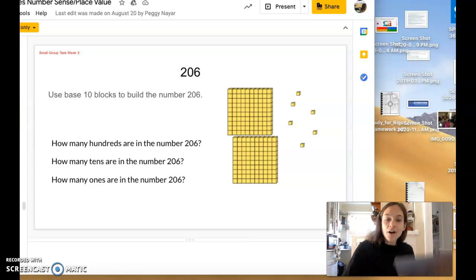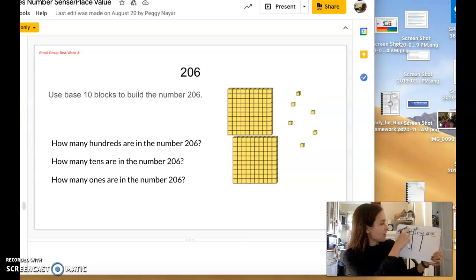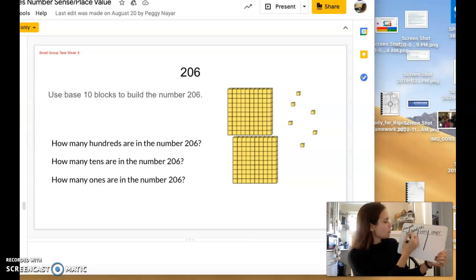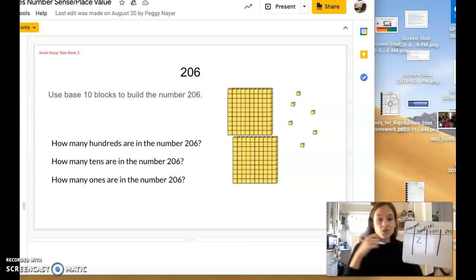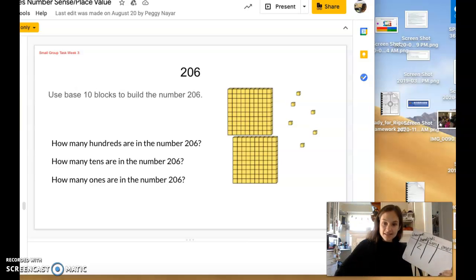Okay. How many hundreds are in the number 206? 2. There are 2 hundreds in the number 206. How many tens are there? Did we have to pull out any tens? No, there's a 0 in the tens place.